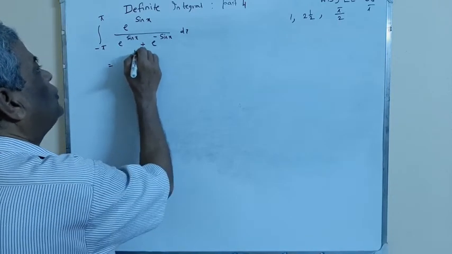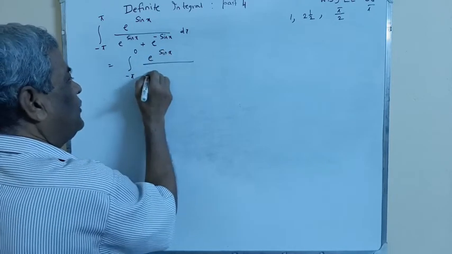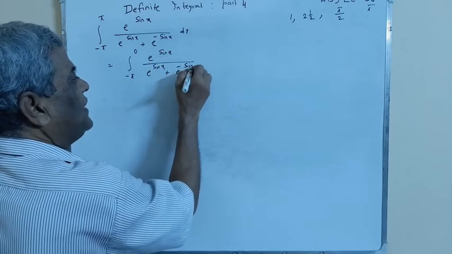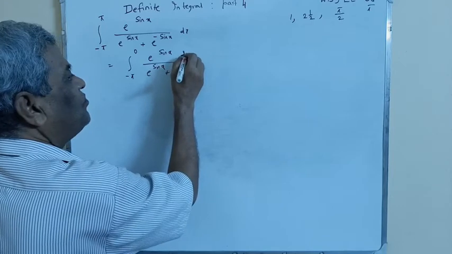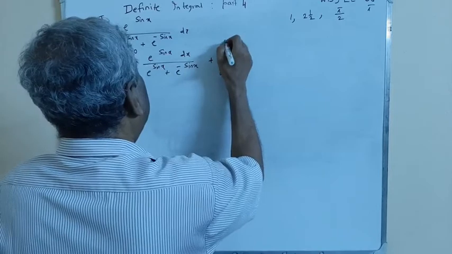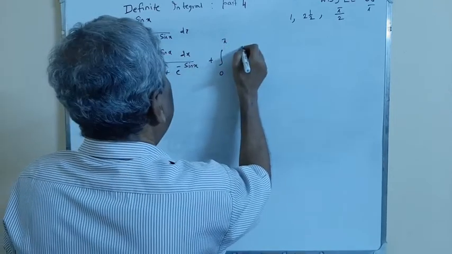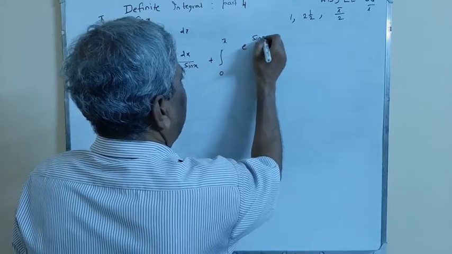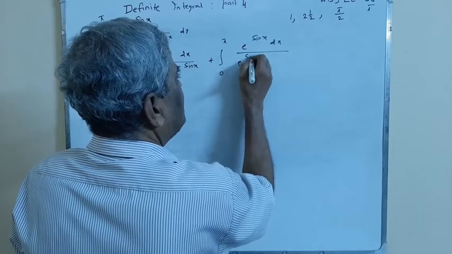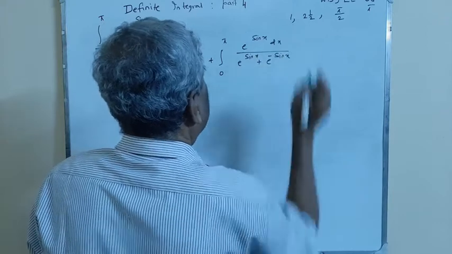Minus pi to 0 of e to the power sin x by e to the power sin x plus e to the power minus sin x dx, plus 0 to pi, same function, e to the power sin x dx by e to the power sin x plus e to the power minus sin x dx.